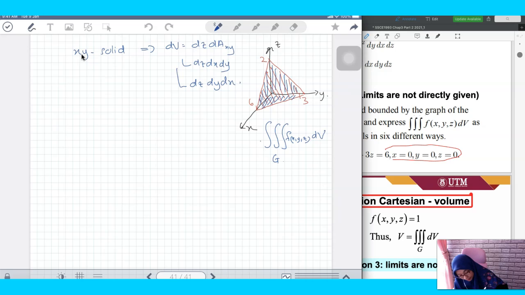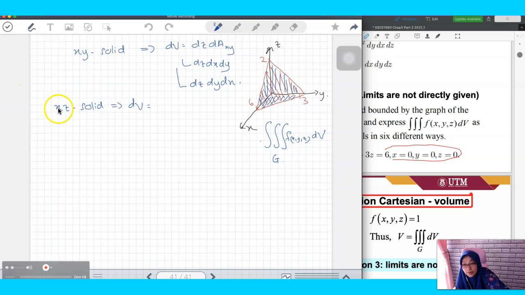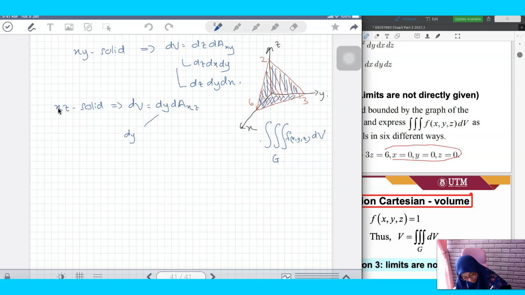And then for xz solid, your dv is, you don't see the y, right? So you have to put the dy, dA on xz plane. So this will give you dy, dx, dz, or dy, dz, dx.